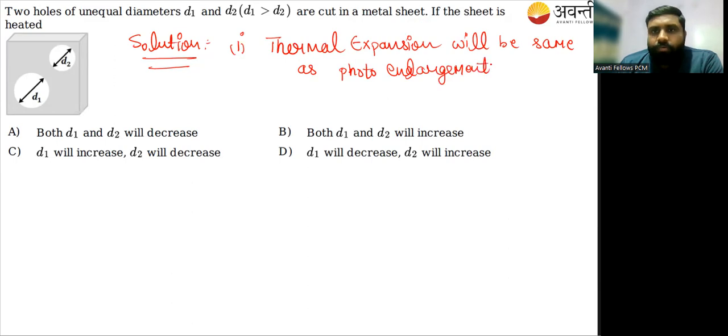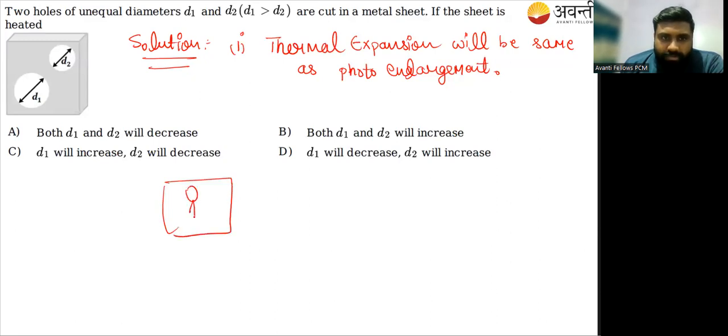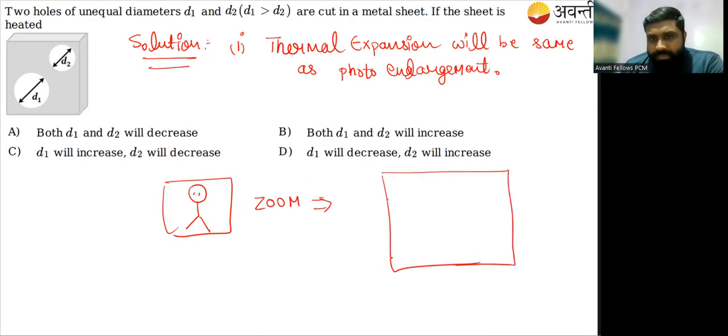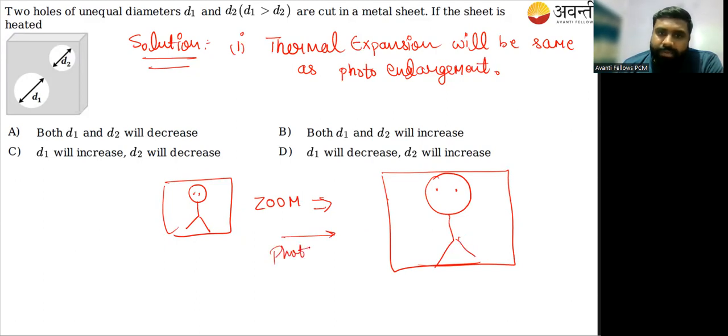Like, we will understand it by an example. Let's say this is one of the photos we have. Now we want to zoom in or enlarge this picture. The picture will be the same, but the dimensions will increase. This is called photo enlargement.